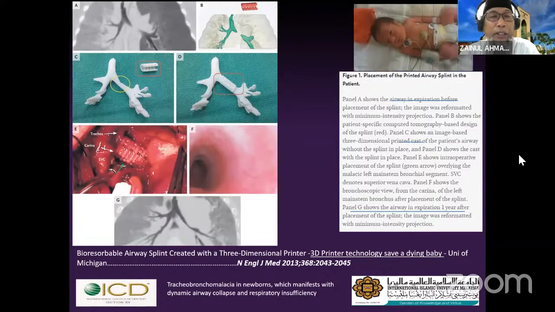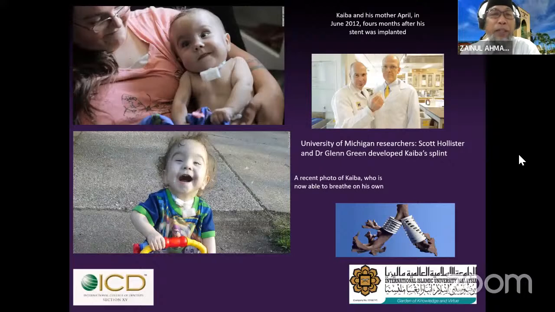On that, surgeons and engineers came in, and what they did to save the baby's life was to invent a 3D-printed splint to make sure that the airway is patent. As you can see, Kaiba progressed very well, and he is now able to live like a normal baby, without the tracheostomy.